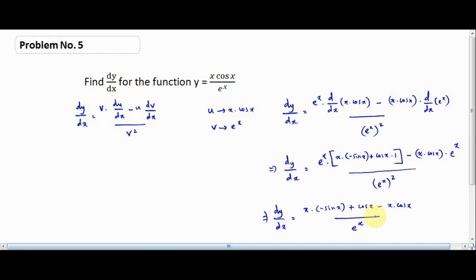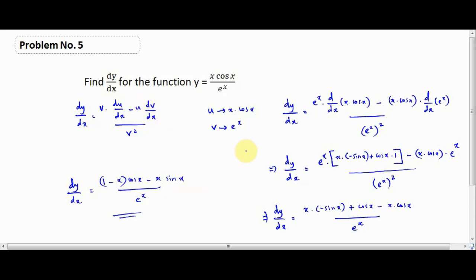Okay, so if we rewrite it, what we get is dy by dx equal to 1 minus x into cos x minus x into sin x, divided by e raised to x. So this is the answer. So we are getting this answer by applying quotient rule as well as product rule.